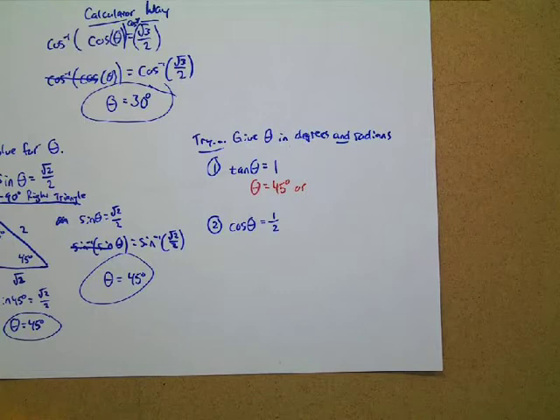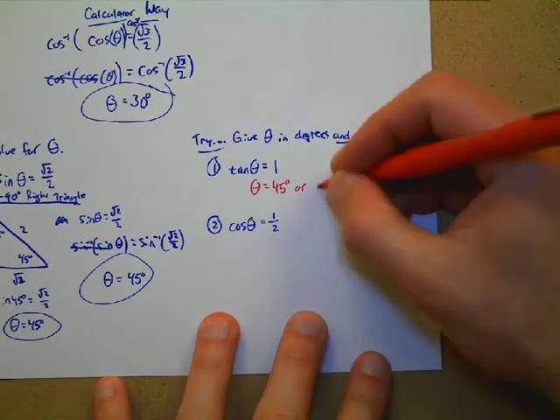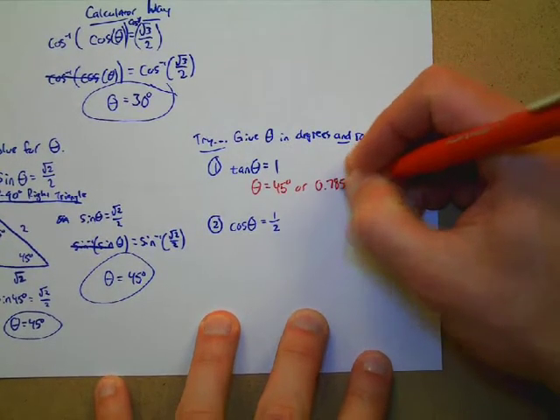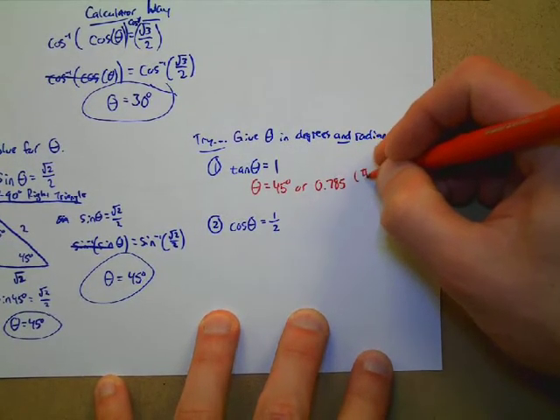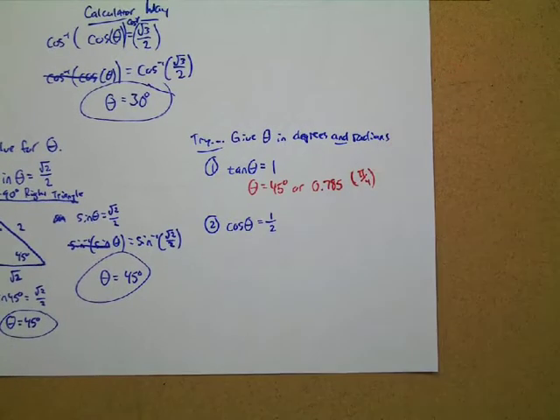And we get the decimal there for the radians, like 0.785, which is exactly pi over 4. If we were to convert that more precisely, 45 degrees is pi over 4.